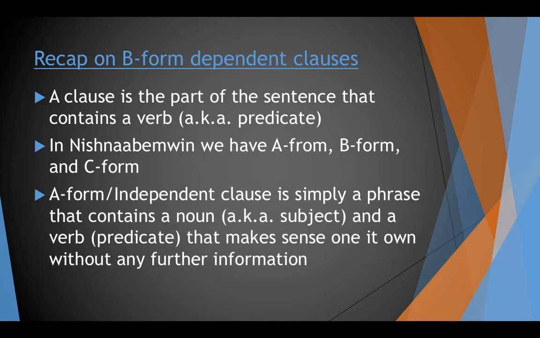A form, or independent clause, is simply a phrase that contains a noun, also known as the subject, and a verb, predicate, that makes sense on its own without any further information. For example, the phone is broken. That's our clause. It contains the noun, the phone, which is the subject, and the predicate, the verb. In English, that word is, but in Ojibwe, it's broken. That's the verb.